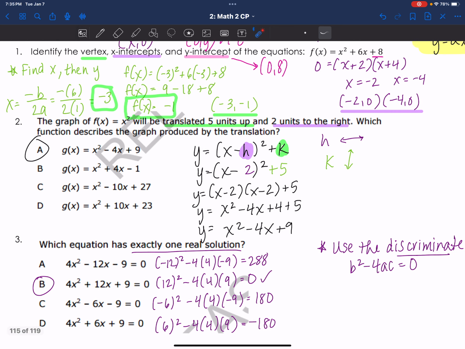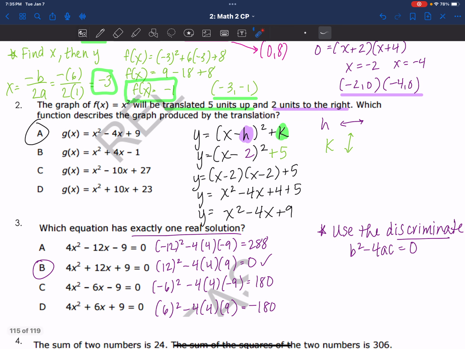All right. So now for number 2, the graph of f of x equals x squared will be translated 5 units up and 2 units to the right. So what we're going to do is put this into vertex form, and that's exactly what this form is right here.